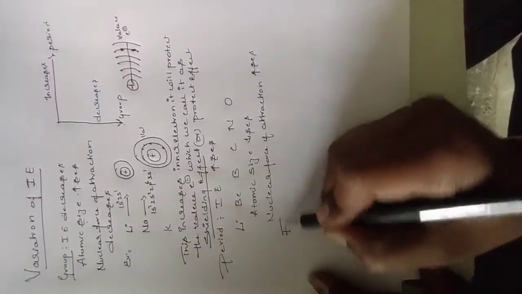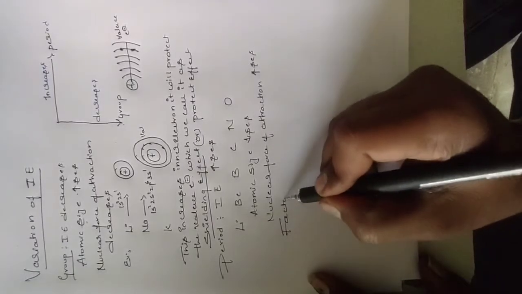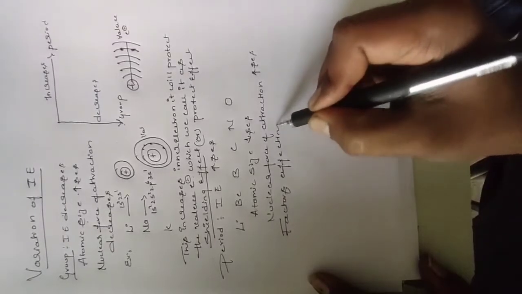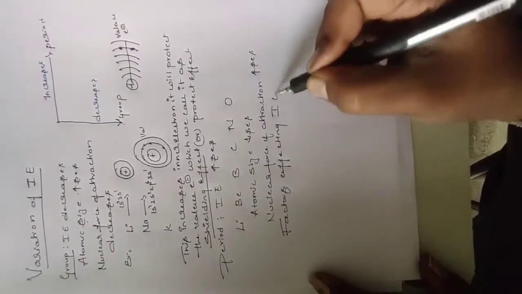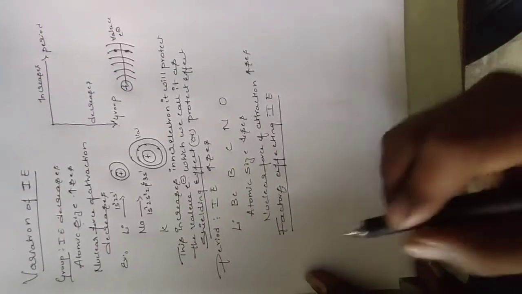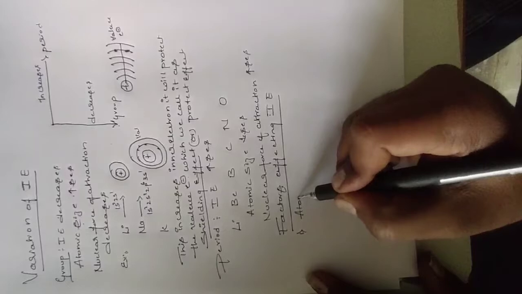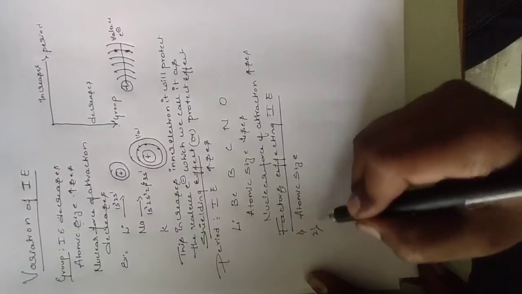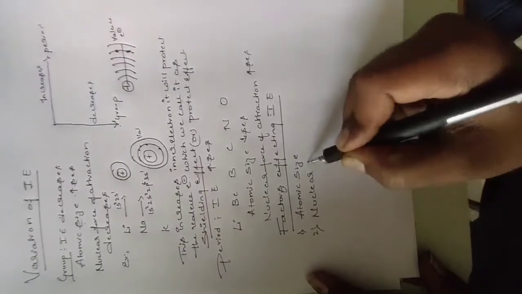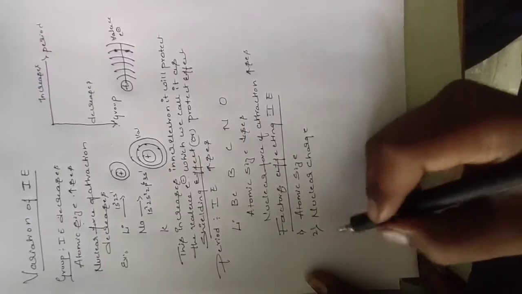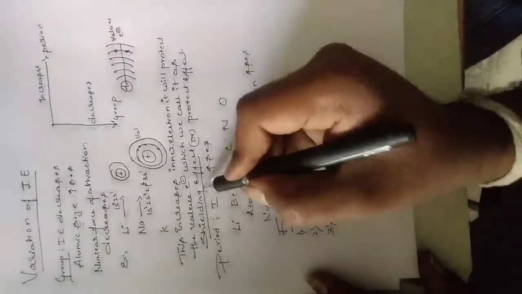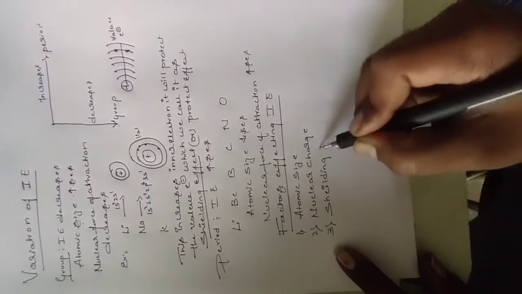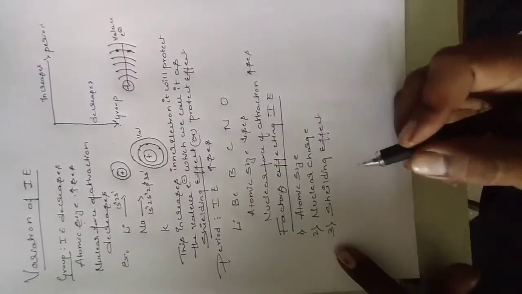Now, factors affecting ionization energy. First factor, atomic size or atomic radius. Second, nuclear charge. Third, shielding effect. I already told you what shielding is.